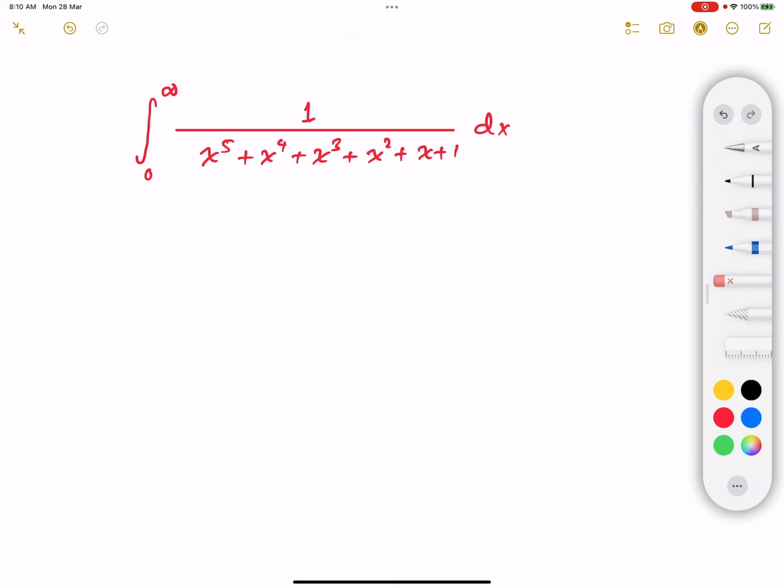To do that, first of all, I would call the integral I. So I is equal to the integration from 0 to infinity over, and first of all, I would reorder the terms as x squared and x to the power 5 together, and then x and x to the power 4 together, and finally 1 and x cubed together.